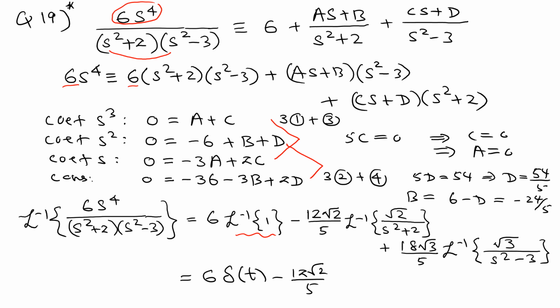The next one is the sine, which is sine square root 2t, and the next one is 18 square root 3 over 5, and because of the negative sign, this is the hyperbolic sine, sinh square root 3t. So that is the inverse of this one. So yeah, first one is the Dirac delta function, next one is the sine, third one is the sinh.